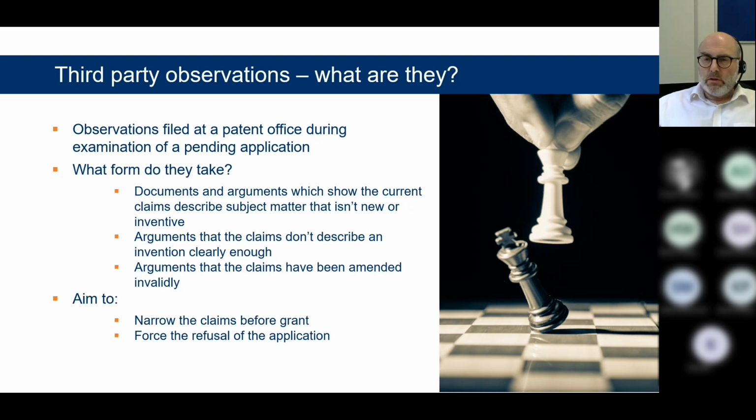In Europe and a few other countries, you can also challenge a claim using third-party observations on the basis that it's not sufficiently described or it's not supported by the application to the point where actually that invention can't be worked if you read the claims.